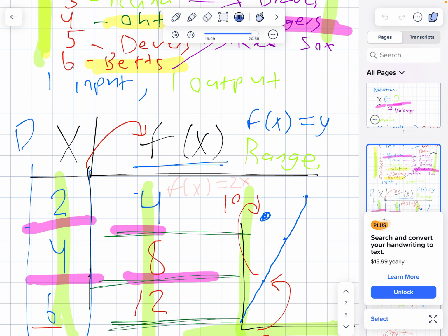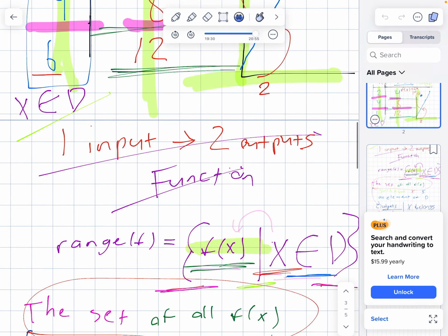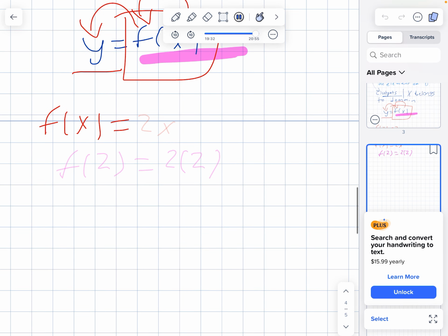Our f of x here would be 2x. Because when we put our x 2 into f of x, what we're really doing, when we have something like f of x is equal to 2x, is we're saying f of 2 is equal to 2 times 2.